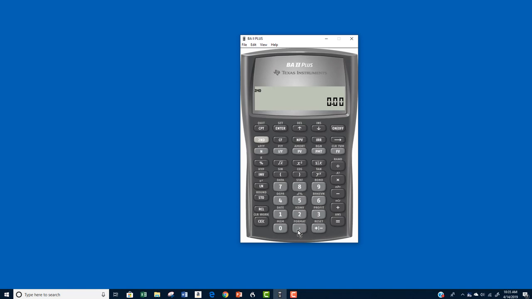So you're going to click second, and then you're going to come down here and you're going to click on format. And now, once that happens, DEC or decimals will appear on your screen. So in this case, we have this calculator set up to 2 decimal places.